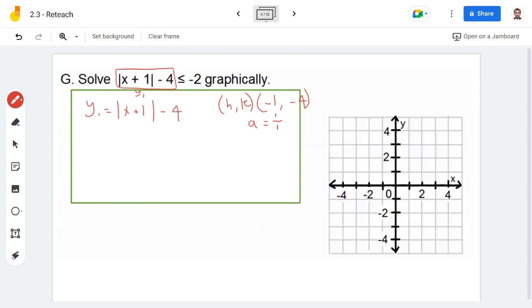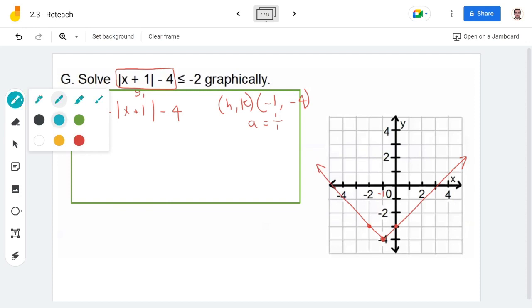The first point is -1, -4, so my point should be here. Then one up, one to the right, so one up to the right, one up to the left. Then you can connect your graph and it will look like this one here, and from the other side, like this one here.